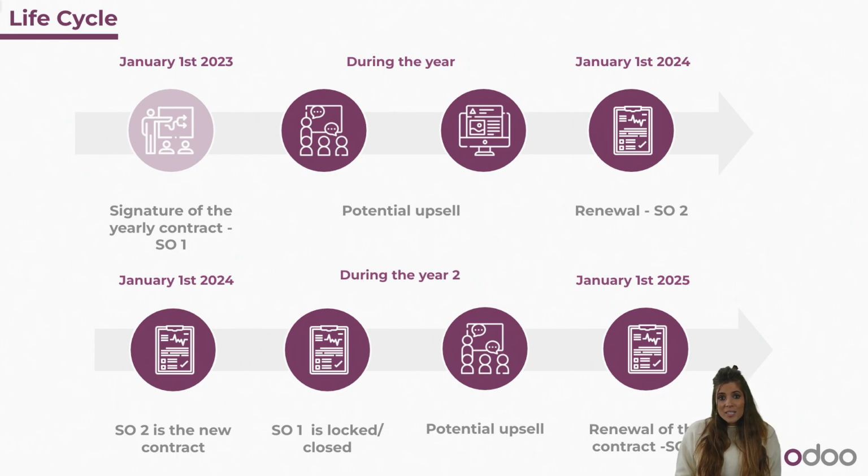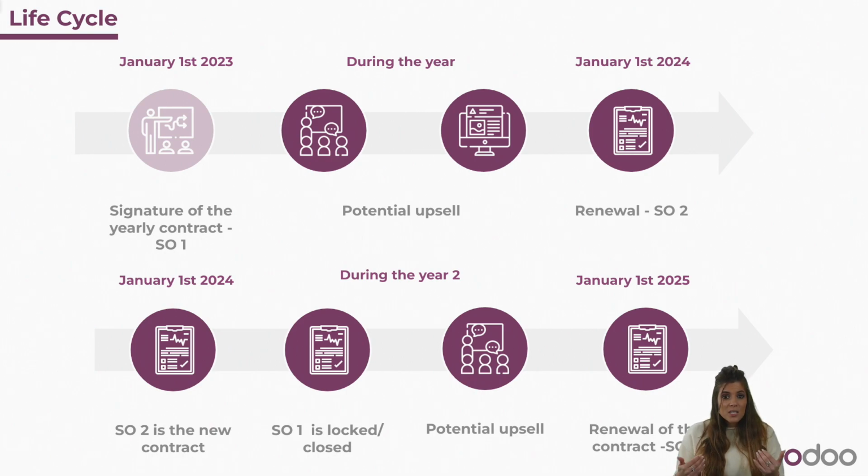When he's ready to sign, I receive the signature, I confirm, and then directly from that, the sales order number 1 that I signed in 2023 is locked and closed. It will be closed on the date of the renewal, okay? So don't panic, I will show you everything just after because I think that it can be really confusing. But of course, I created a new sales order, okay?